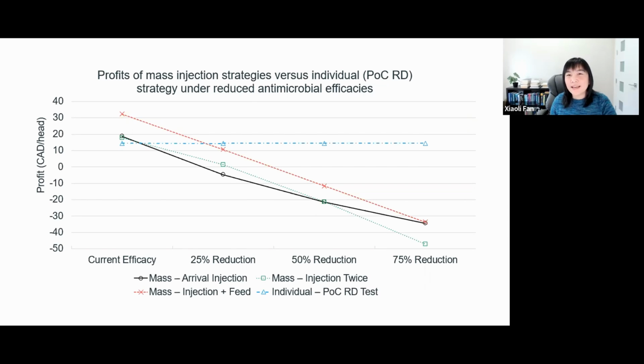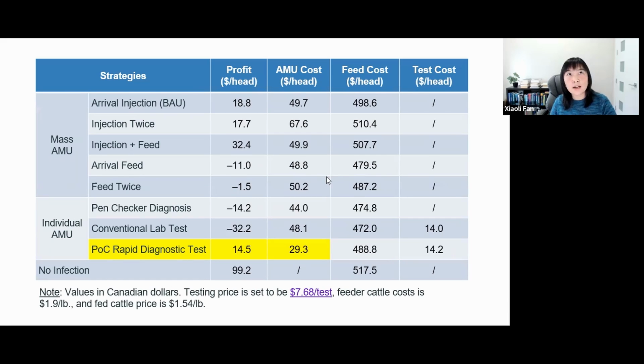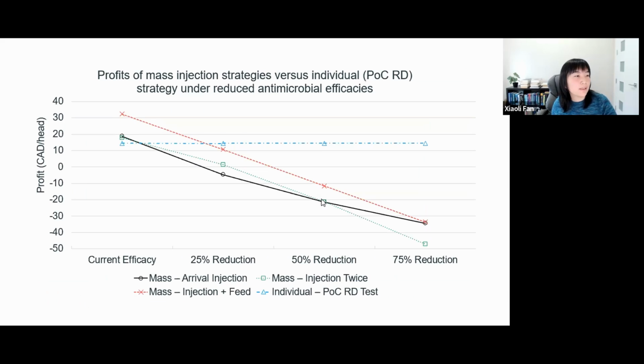So again, the previous results are based on the current antimicrobial efficacy. If we assume in the future that antimicrobial efficacy is going to decrease, then you can tell even if the efficacy is reduced by just 25%, all of those mass AMU strategies, those 3 injection strategies, will have lower profits than the POC RD test.